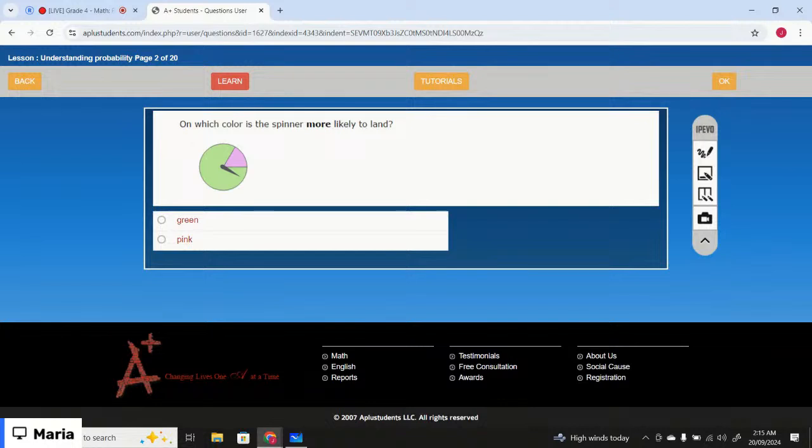Which is the correct option? The correct option is green, right? Green has more portion.